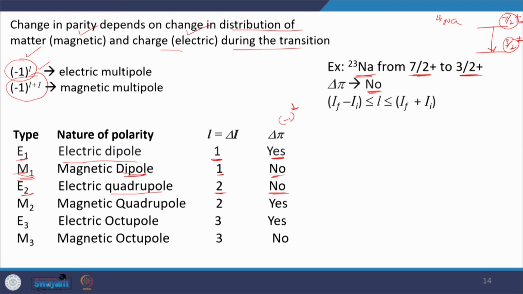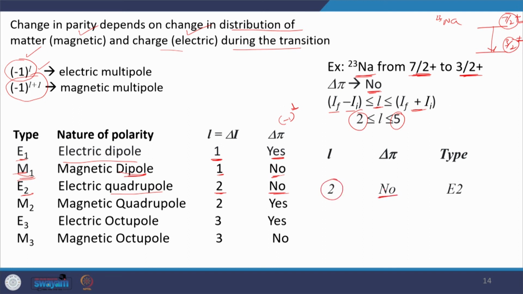What are the possible L values? You can see the difference and sum of the angular momenta, that is, the total angular momentum or spin, 7/2 and 3/2. 7/2 minus 3/2 is 2, and 7/2 plus 3/2 gives rise to 5. So, L can assume 2, 3, 4 and 5. Now, based on these L values, you can write down the electric or magnetic nature. For example, if L is equal to 2, it is even.